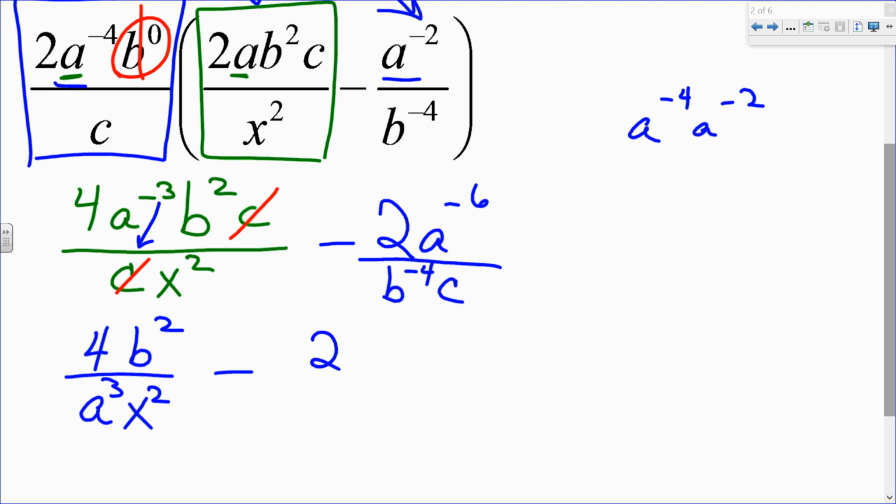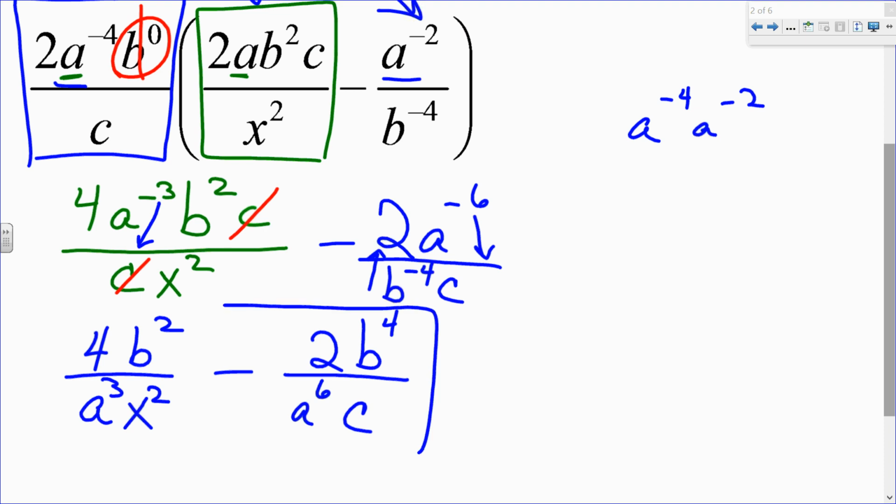Minus, the 2 can stay where it is. A to the minus 6 needs to move and become a plus 6. b to the minus 4 needs to move and become a b to the positive 4, and c stays put. So there is my answer. So a little bit messy, but just work through it step by step, just like everything that we have always been doing with these kinds of problems.